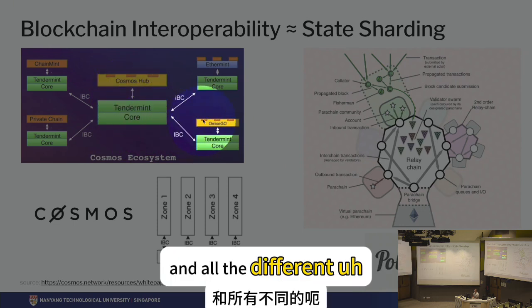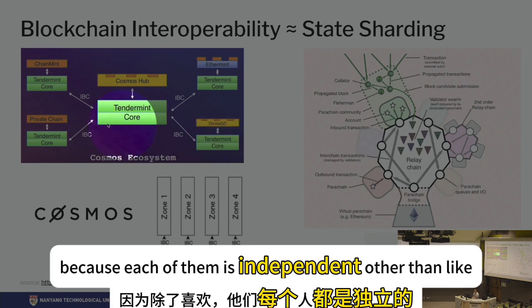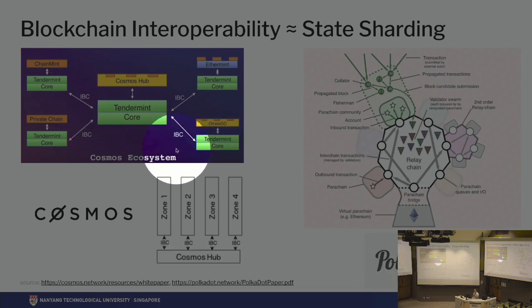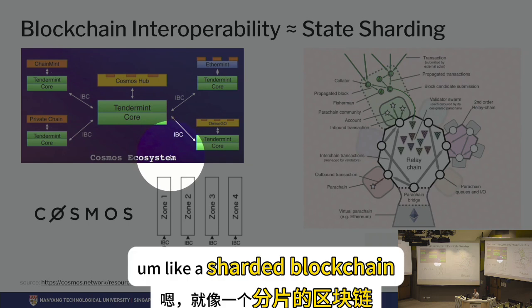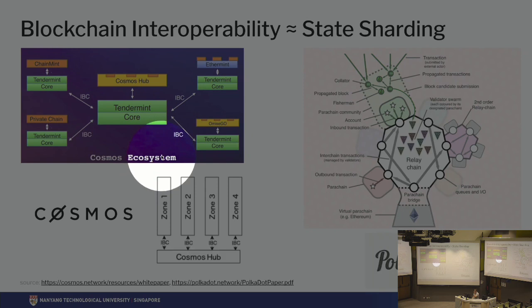All the different zones also run the same consensus algorithm, because each of them is independent, rather than being in one big sharded blockchain.